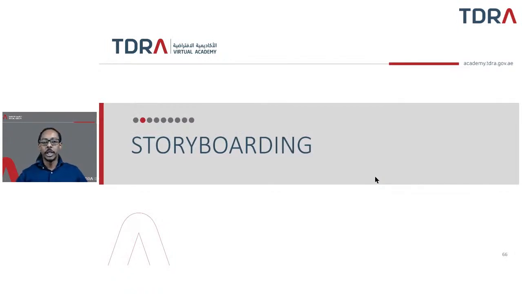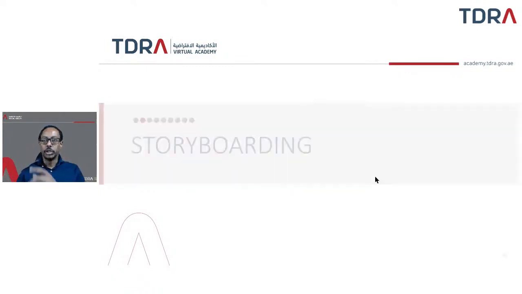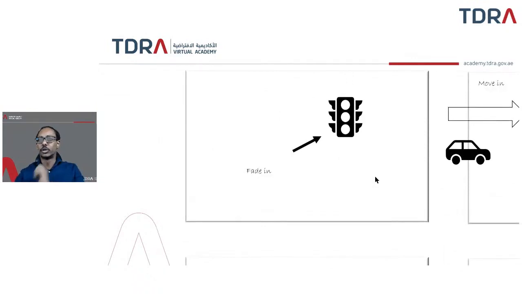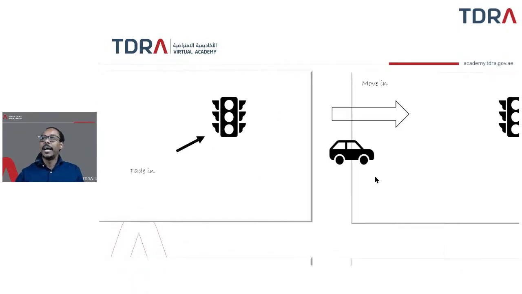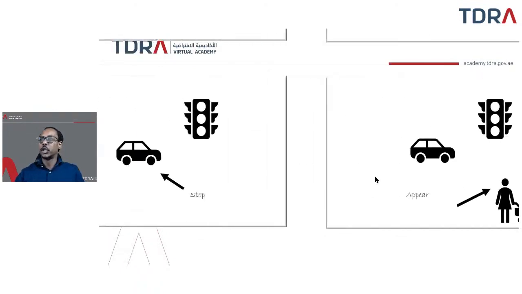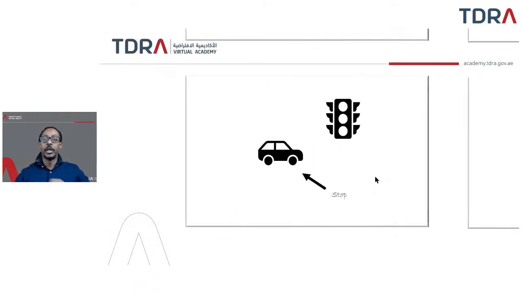Because in a storyboarding, you're a director and all the elements on the slides are actors. So you decide which actor goes to what scene, and then what's the animation required, the movement, what will happen in every slide, in short, what will happen in every scene. Remember, you're a director.